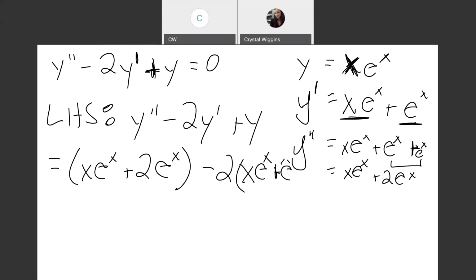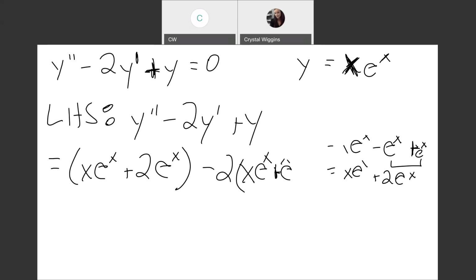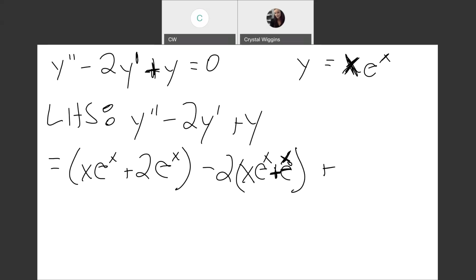Now let me erase some of this stuff as I'm running out of room. There we go. And then we have plus y, and this is y, so we have plus x e to the x. My parentheses show you all the substitutions I made: for the second derivative of y, the first derivative of y, and for just y.